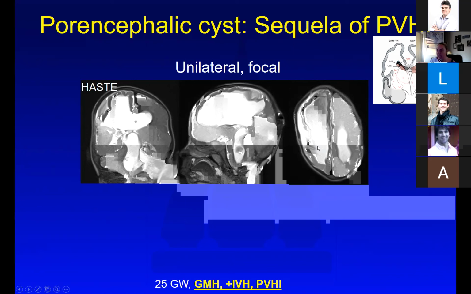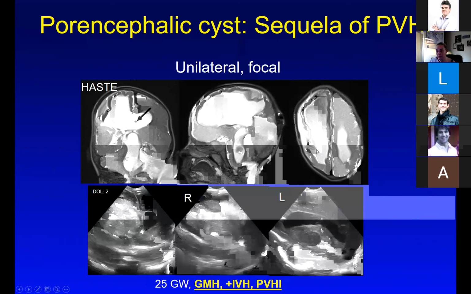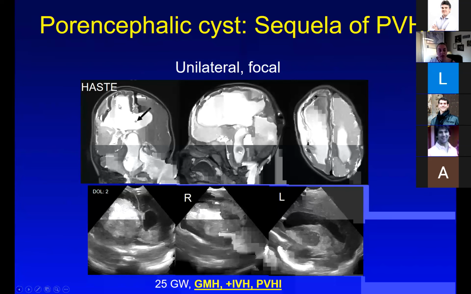If you see a patient like this, you can picture in your brain what their ultrasound looked like. There is a right frontoparietal hemorrhagic infarction, which turned out to be a porencephalic cyst. The porencephalic cyst communicates with the ventricular system, and due to the marked ventriculomegaly, the septum pellucidum has been ruptured, and you can see this patient's shunt coming into the frontal region.